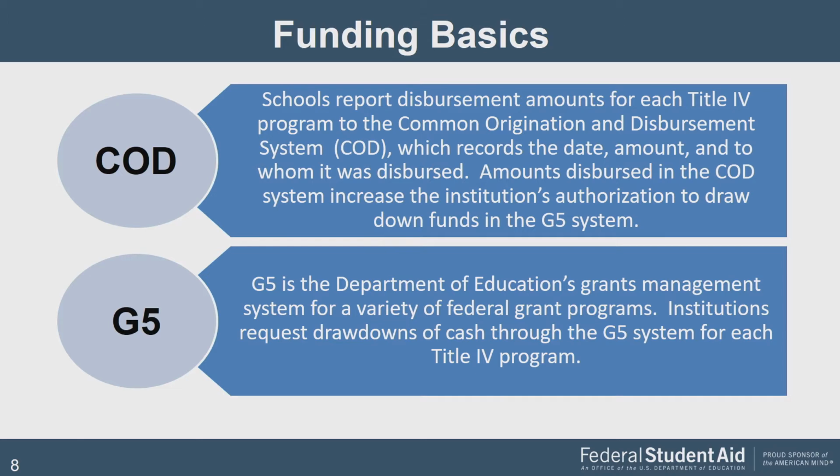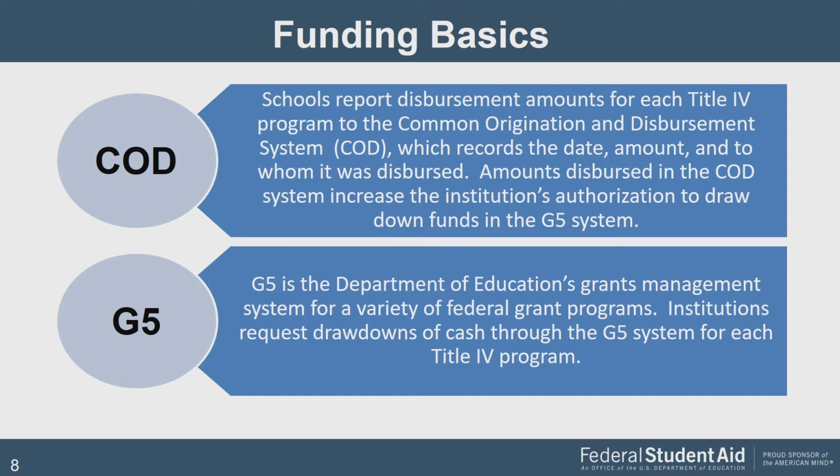You are required to substantiate all of your students in COD when you're making your disbursements out of the G5 system. So whenever you draw out of G5, you will always have to pull in records from COD to substantiate whatever you draw down from the G5 system. The G5 system, as many of you already know, is program specific.